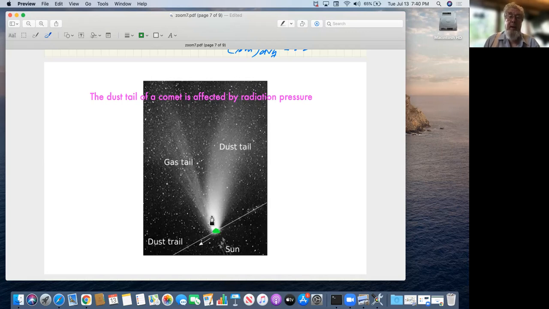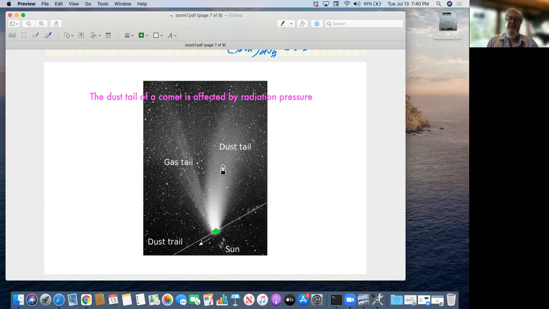Well, anyway, what causes the material to be pushed away from the sun is not gravity. Gravity is what keeps the comet in orbit around the sun along this trail. But the gas and the dust don't follow along that orbit. They're pushed away from the sun, and what pushes them away from the sun is radiation pressure. Sunlight pushes that gas and dust away from the sun.